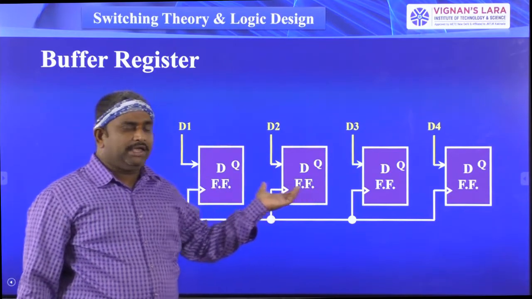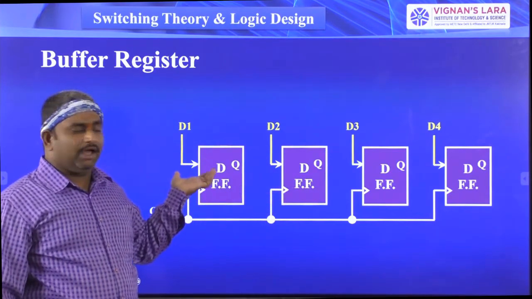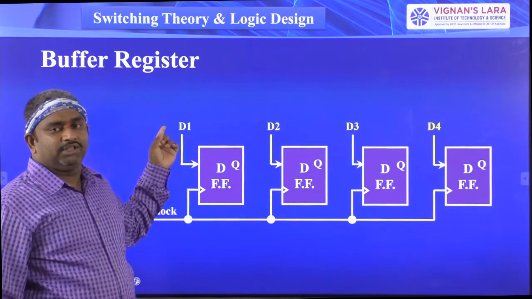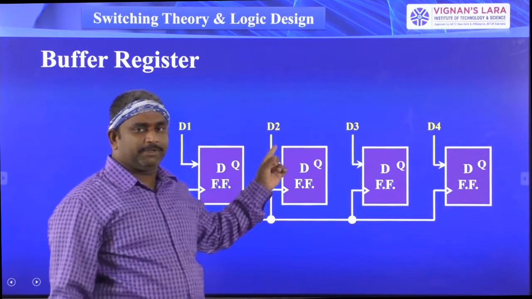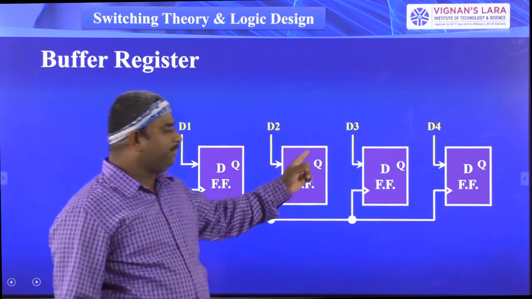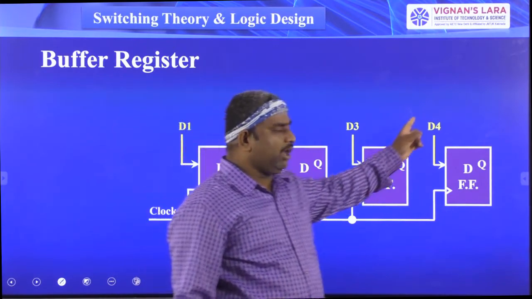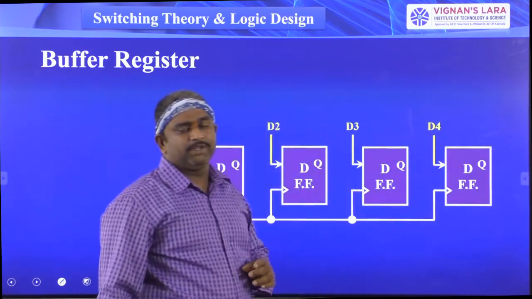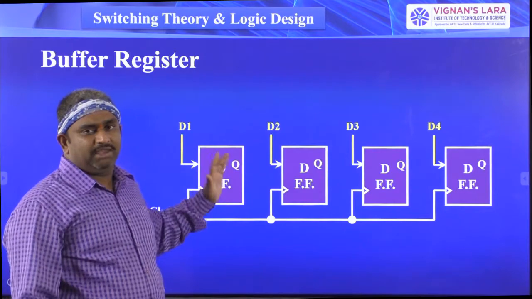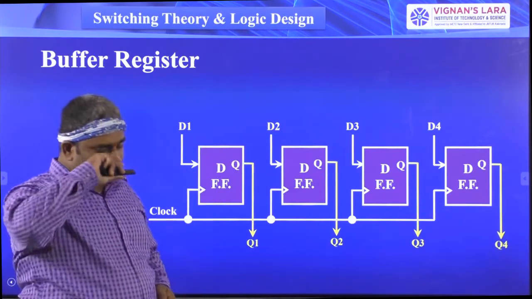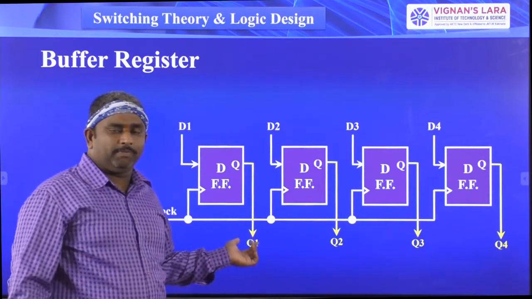I am giving the data to these 4 D flip-flops: D1 for the first flip-flop, D2 for the second, D3 for the next D flip-flop, and D4 for the last flip-flop. These are the data I am giving parallelly to the register. At the outputs I get the 4 bits of data.